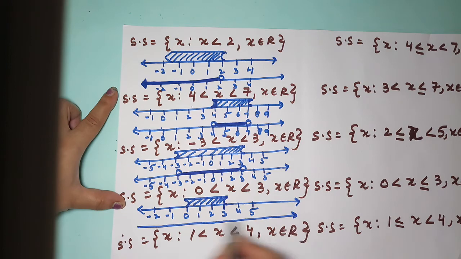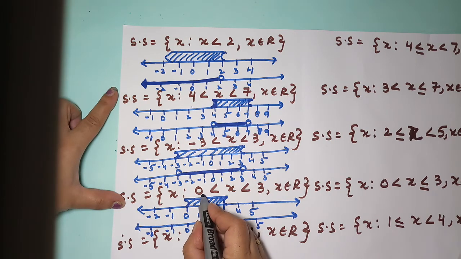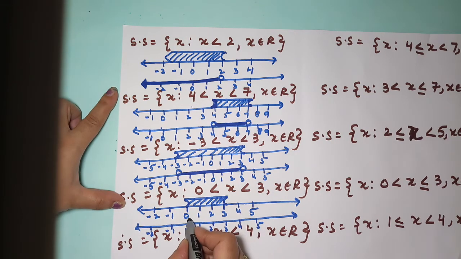Similarly, another way of representing it would be: this is -2, -1, 0, 1, 2, 3, 4, 5. Go to 0, no equality sign here, place a simple circle on 0, similarly on 3 like this, and then darken this portion.